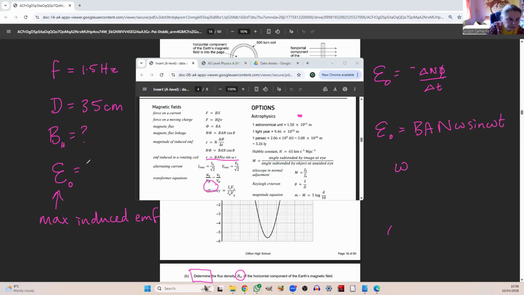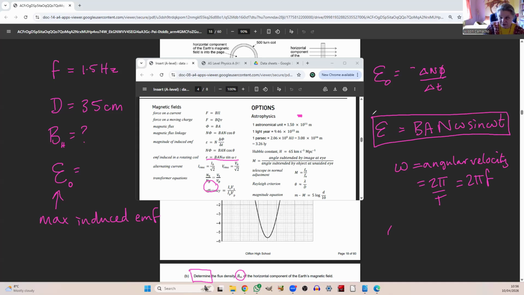What's omega, people? The angular velocity. Right, good. So omega is the angular velocity, which of course is 2 pi over T or 2 pi f. Oh, look, we've got f.